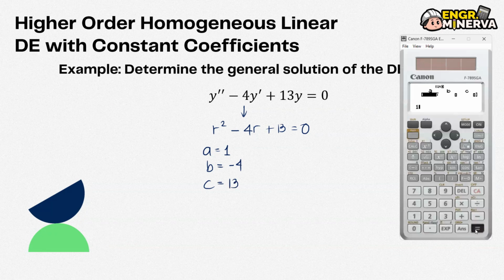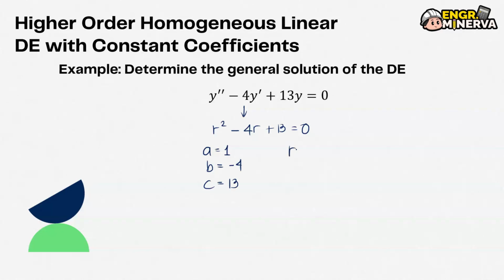So our roots are 2 plus 3i and 2 minus 3i. So roots 1 and 2 are 2 plus minus 3i.